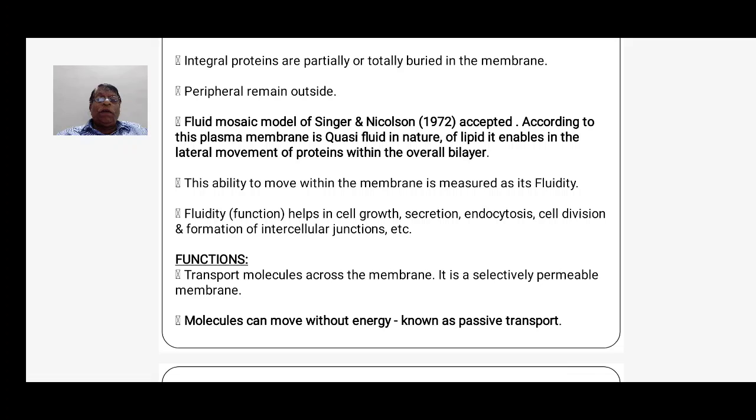This fluid mosaic model is the accepted model for the plasma membrane. According to this, the plasma membrane is quasi-fluid in nature. Because of the lipids, it enables the lateral movement of proteins within the bilayer.